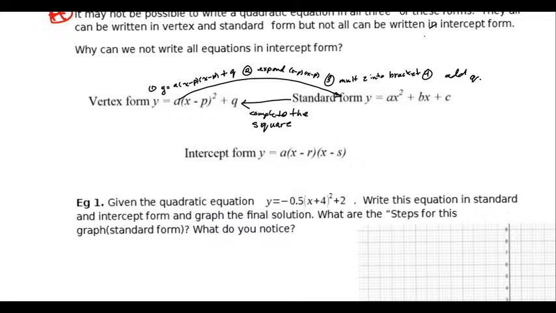Now, going from standard form to intercept form, this is the recipe for that. The recipe is just this. 1, you common factor the a value first. 2, after you've done that, then you simple factor the bracket.